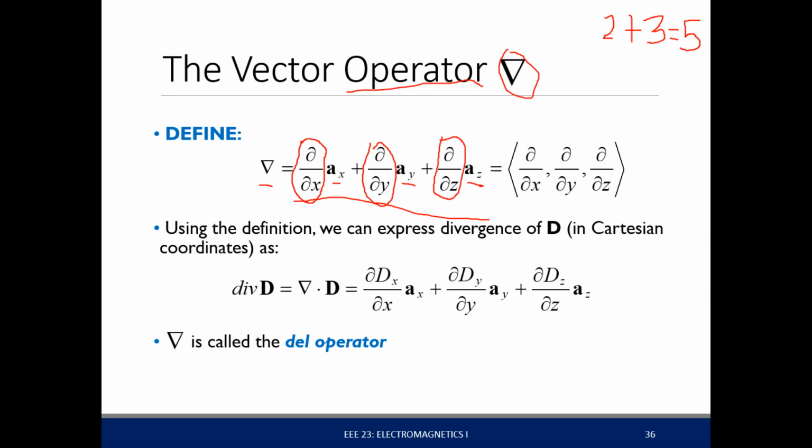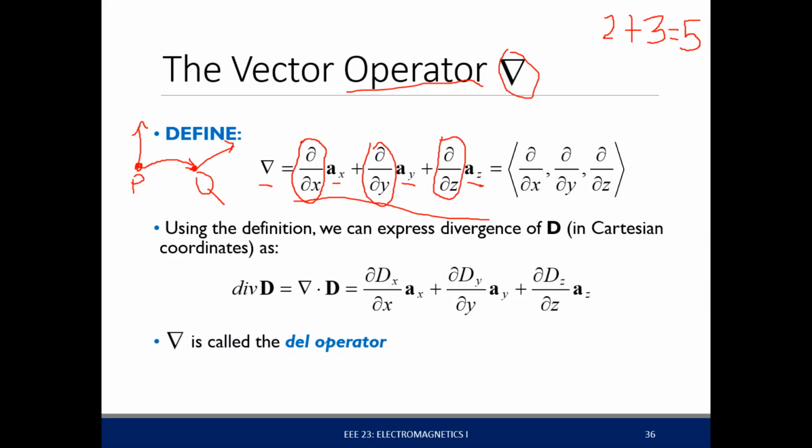Right? So it kind of unifies or makes sense of the change in the vector from a point P and a point Q.